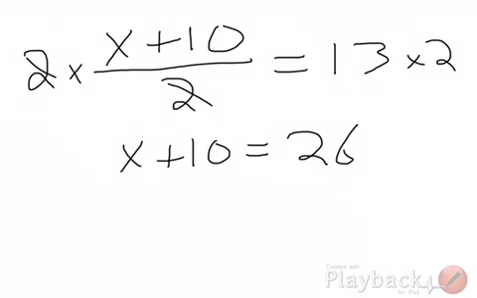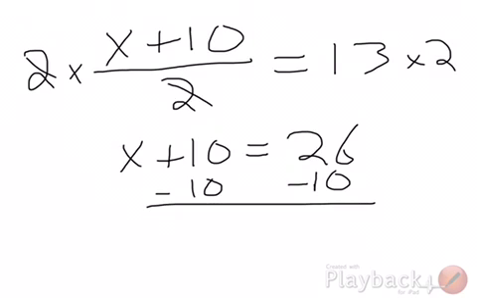Subtract 10 on both sides, and you have your answer. So x equals 16. And you can check that out by plugging it in and making sure that it works out to 13. So pick on the lonely number, and you will always go in the right order when you're solving equations.